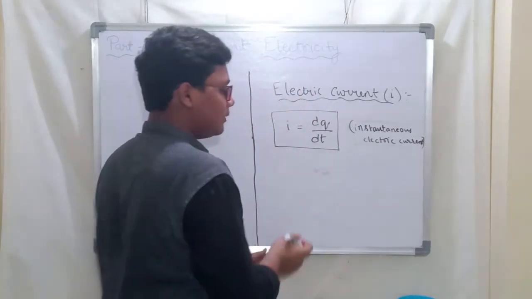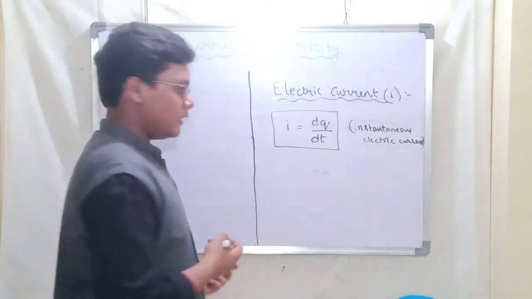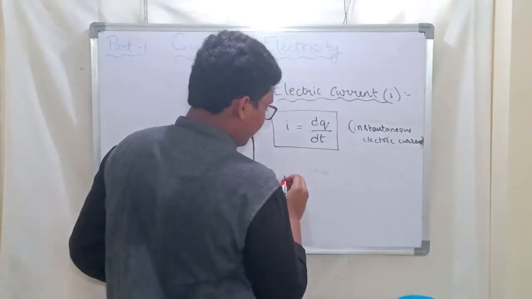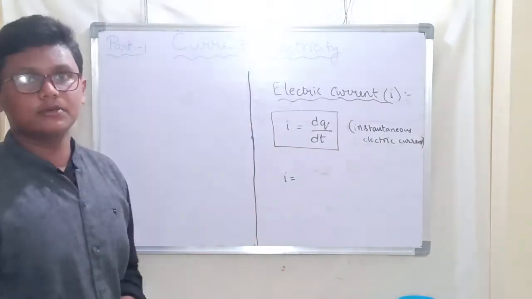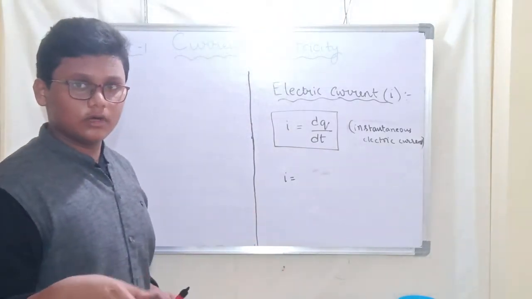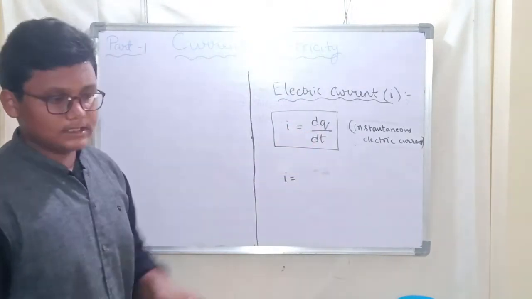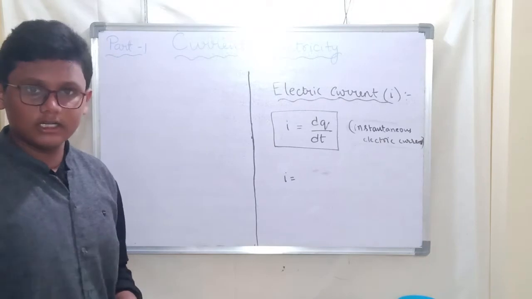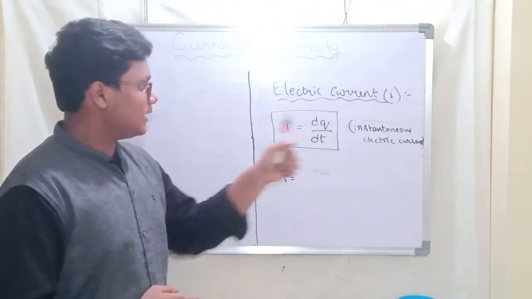We can also say that the limit as delta t tends to 0 of delta q by delta t is dq by dt. This is at an instant, a particular time: if we ask what the current is at that moment, that is instantaneous.